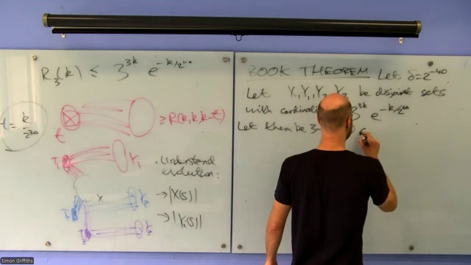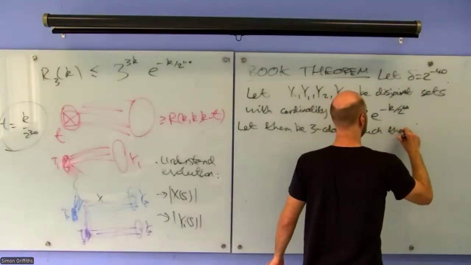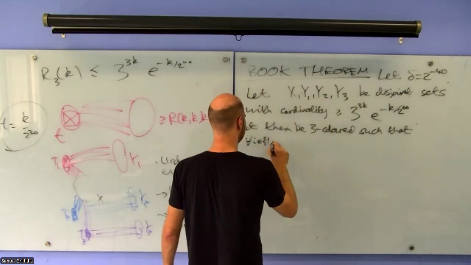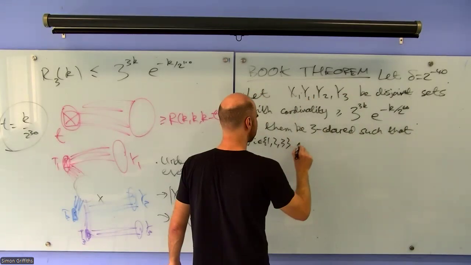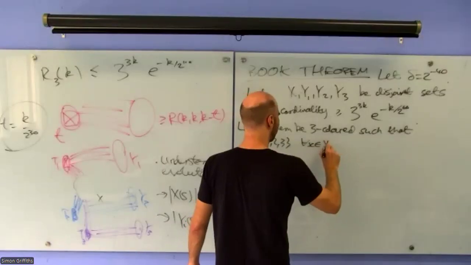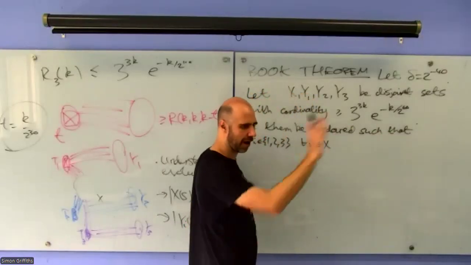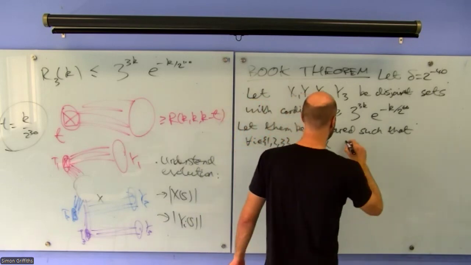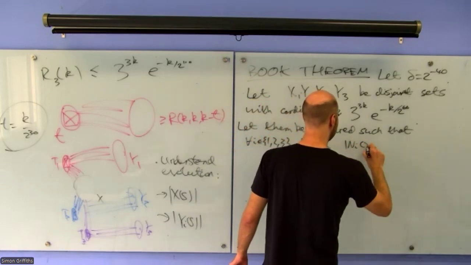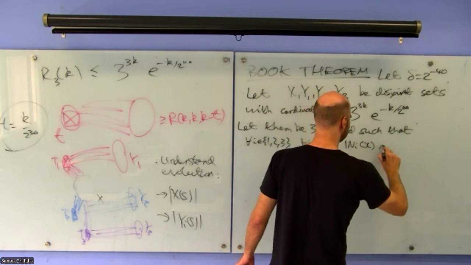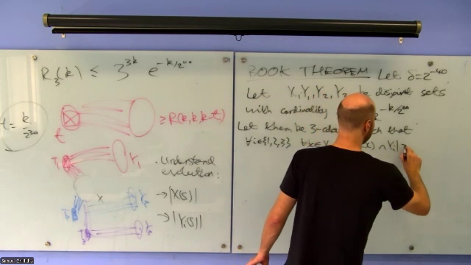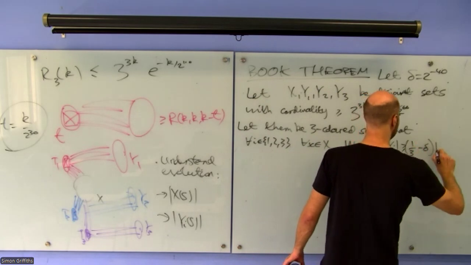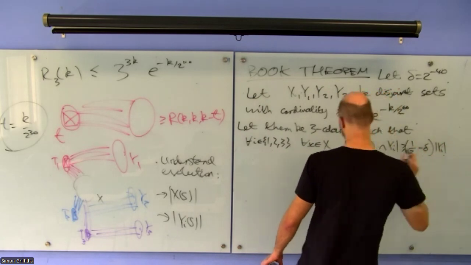They're 3 colored such that for all i in 1, 2, 3, and for all x in X, everyone in X has good degree in color i to the corresponding y_i. So the number of neighbors in color i of x intersect y_i is at least a third minus delta times the size of y_i.